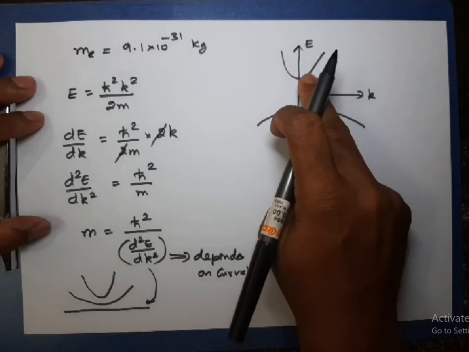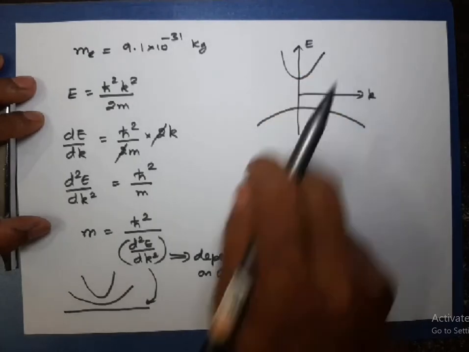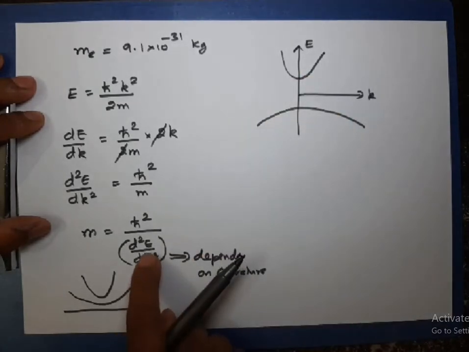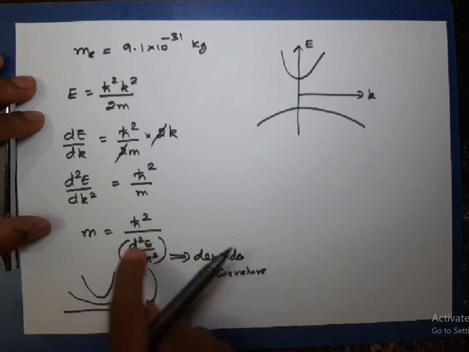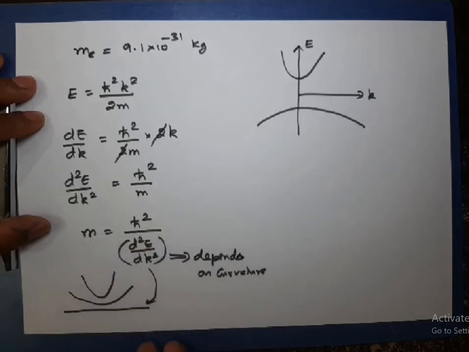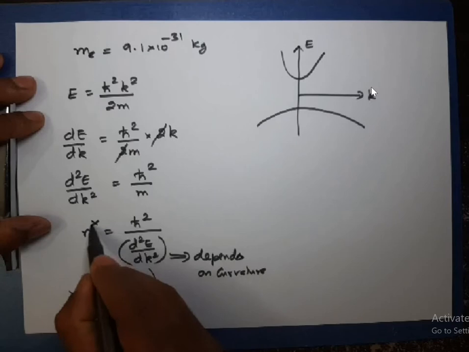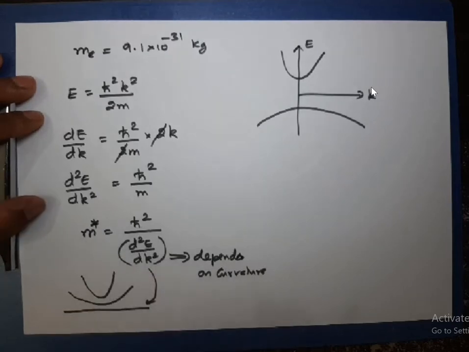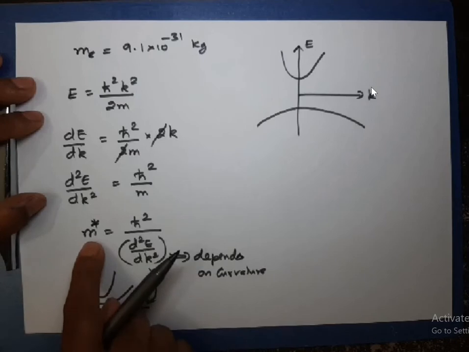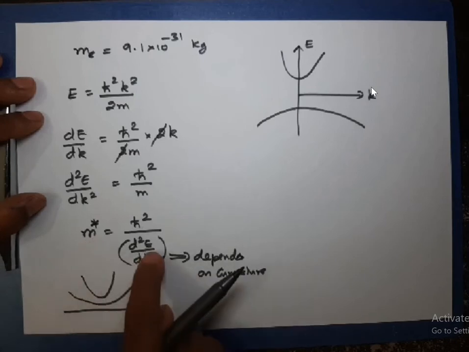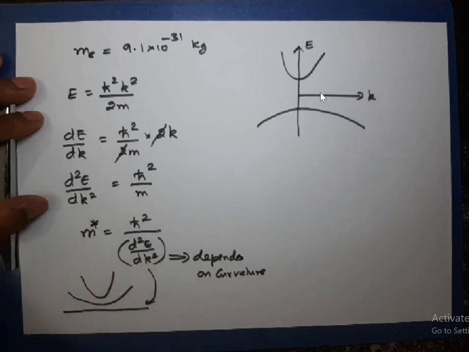If the curvature is large, the second derivative value is large. If the second derivative value is large, the mass will be less. I'm going to represent this mass with the symbol m star, where m star is called the effective mass. So the effective mass of a charge carrier depends on the curvature of this E-k diagram.